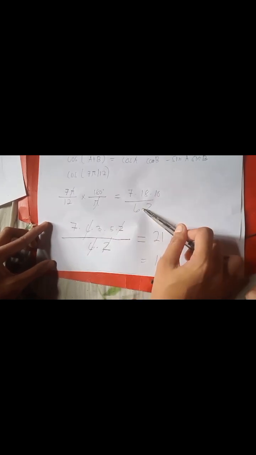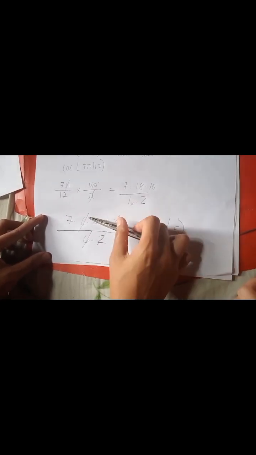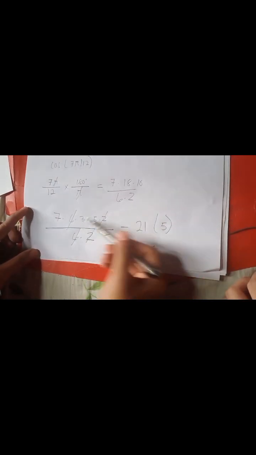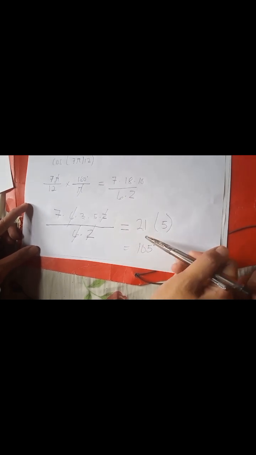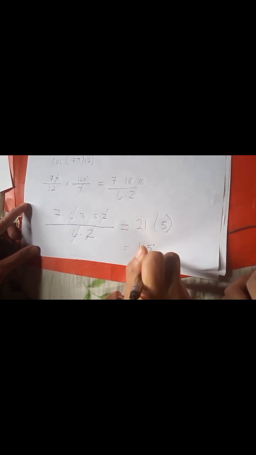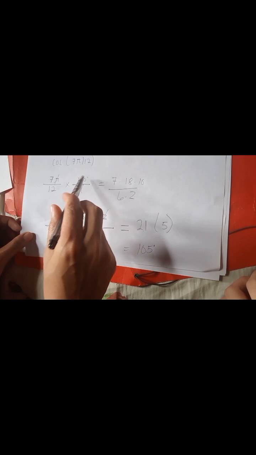So copy the denominator, which is 6 times 2. So let us cancel the 6 and the number 2. So 7 times 3 is equal to 21. Copy the 5. So 21 times 5 is equal to 105. So it means that 7 pi over 12 is equal to 105 degrees.